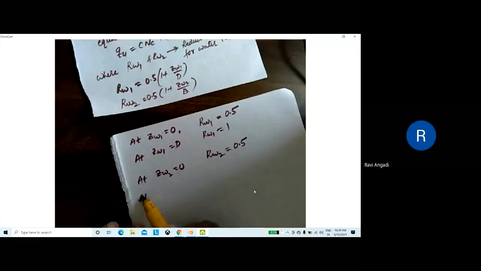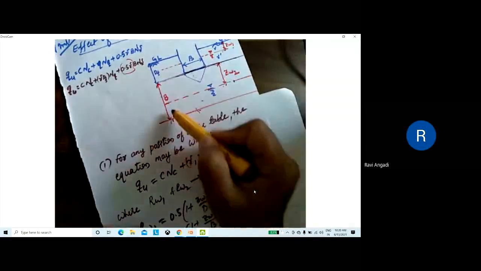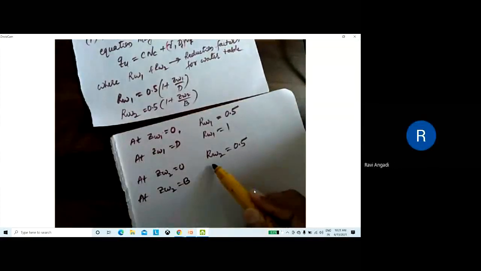And again, at ZW2 equal to B, tell me. 1. That is RW2 equal to 1.